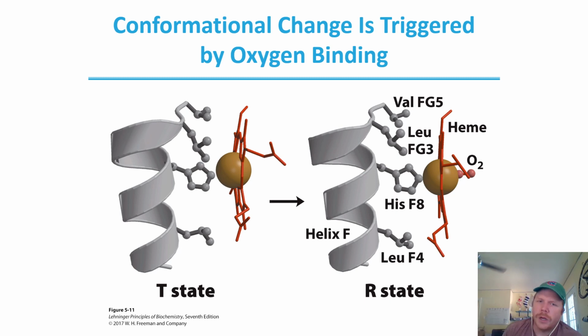So just as we were talking about the T state versus the R state, one of the things that I'd like you to recognize about this difference is, and this is very subtle, look at the curvature, the slight curve on that heme molecule. Here's our iron ion in the center.